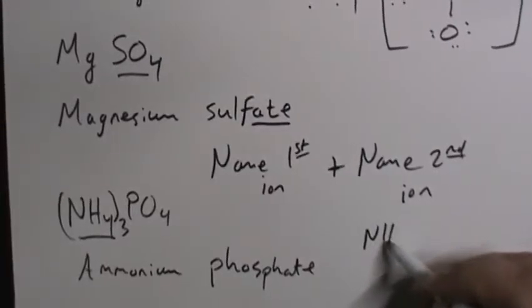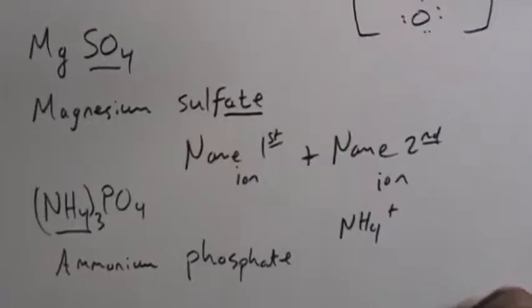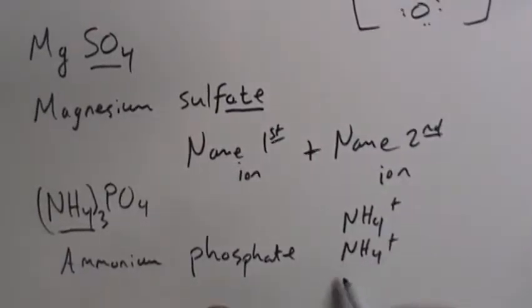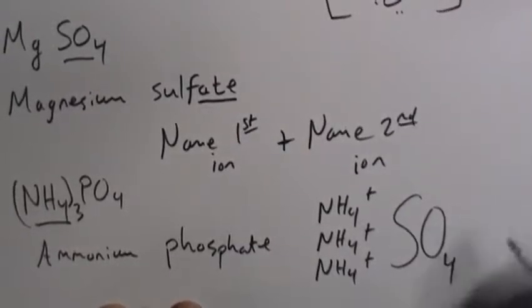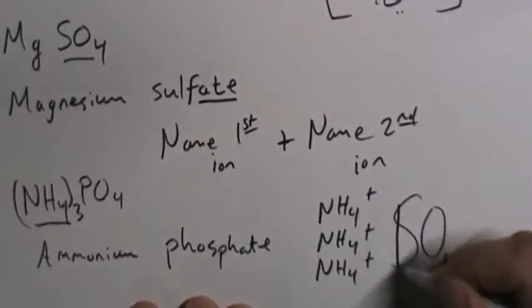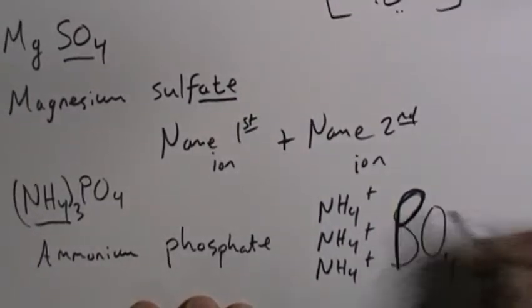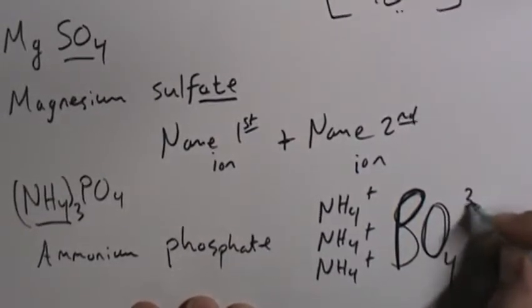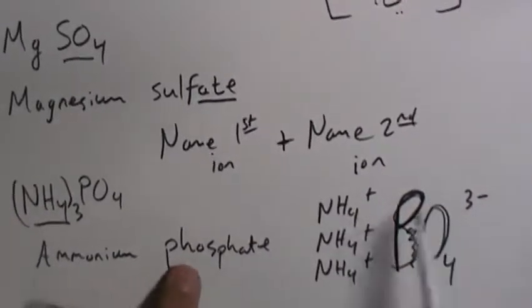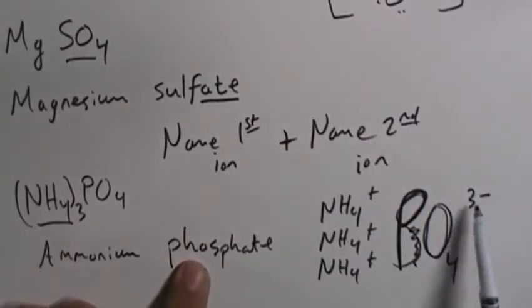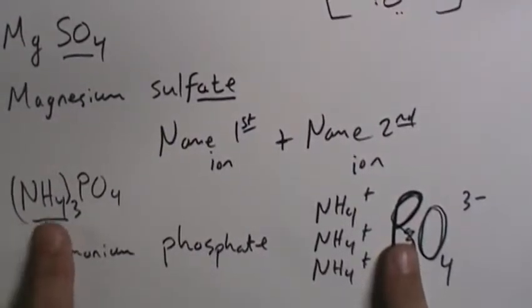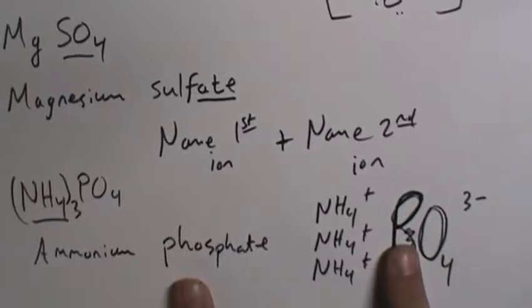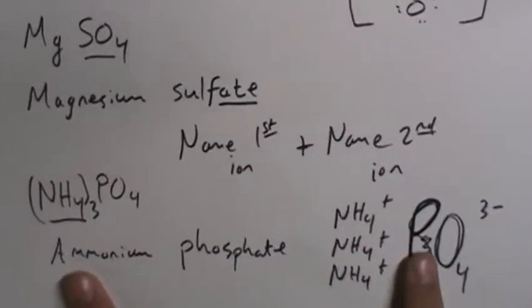So NH4 with a +1, NH4 +1, NH4 +1, and then phosphate, I just changed my ion randomly, let's try that again, phosphate with a -3 charge. +1, +1, +1, -3, the charges cancel out. So (NH4)3PO4, ammonium phosphate.